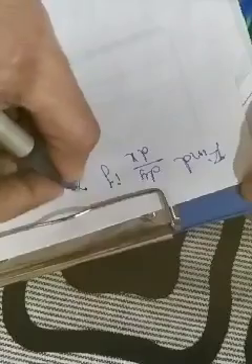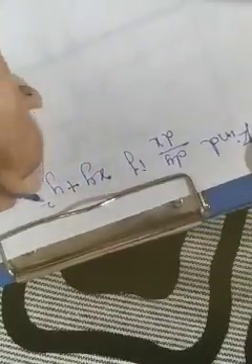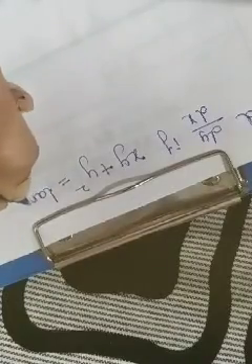Next, find dy by dx if xy plus y square is equal to tan x plus y.